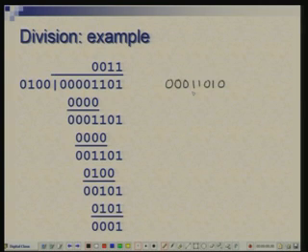Okay, I have placed A shifted left 1 bit, okay, and B will be compared in this position.